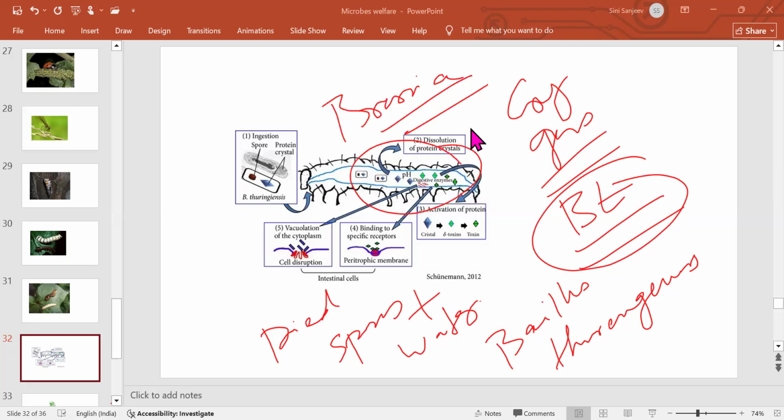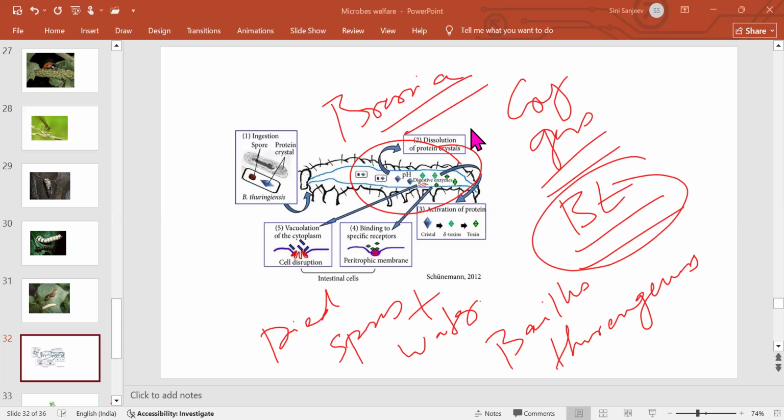Once it reaches the digestive system, their digestive system swells, and the caterpillar reaches a stage where it stops feeding on the leaf. It stops feeding because the toxin released in the intestine makes it swell and burst or break. Obviously, if there is no intestine, how is it going to eat the leaf, right?